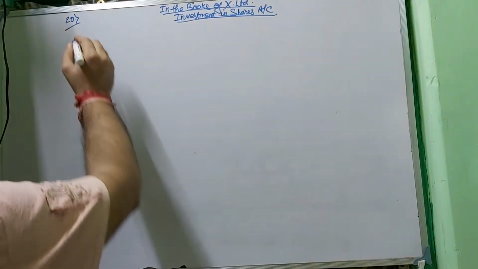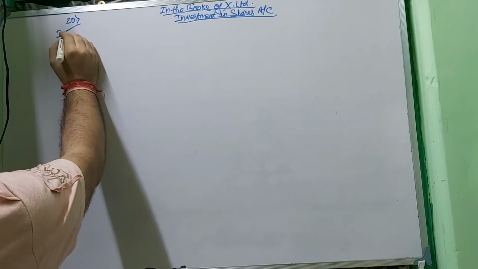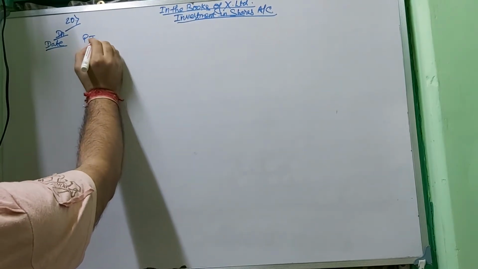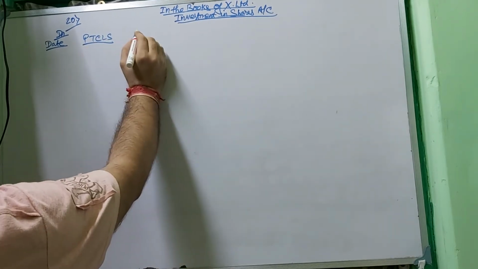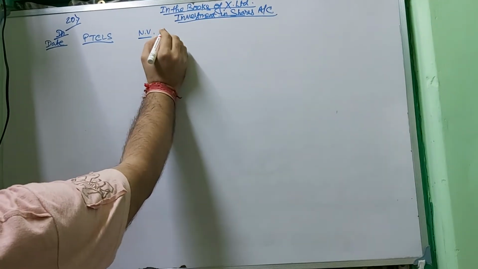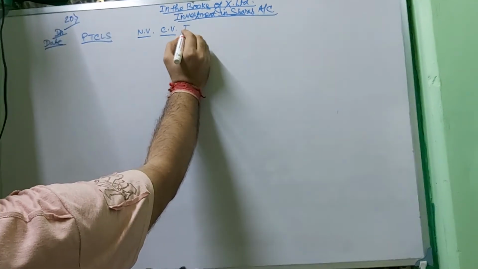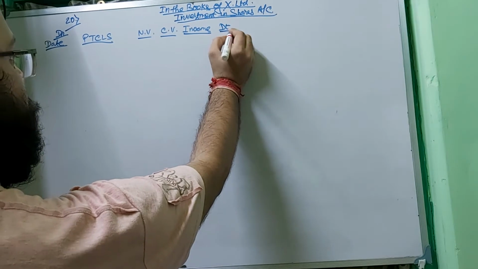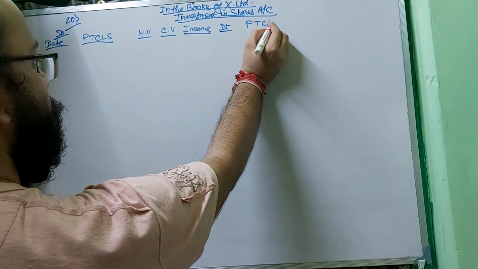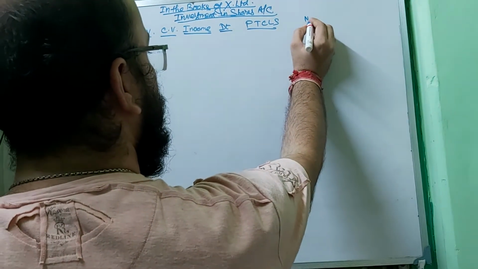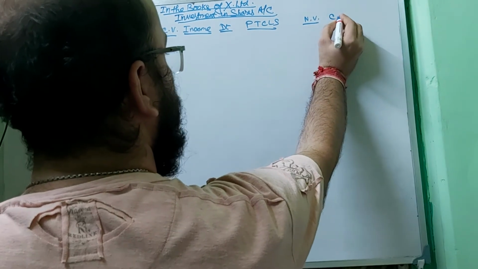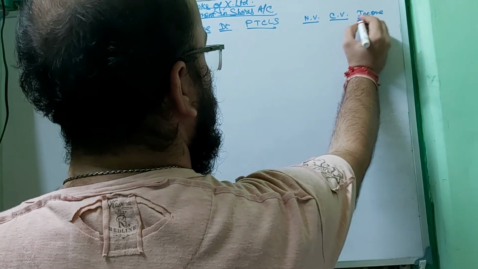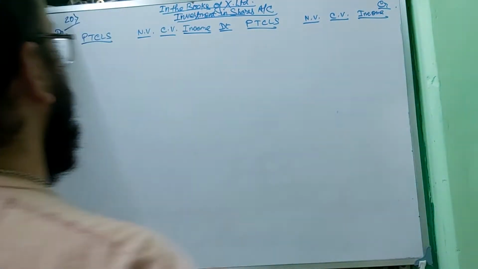So obviously debit, date, particulars, nominal value, capital value, income, date, particulars, nominal value, capital value, income. Okay.